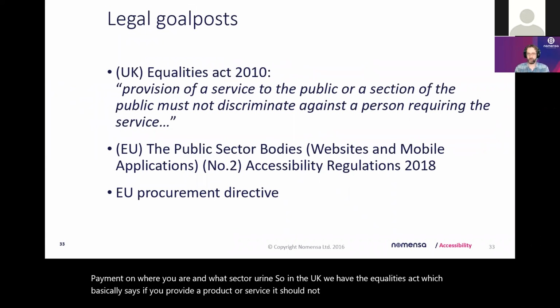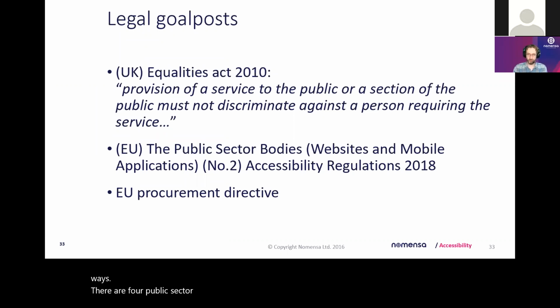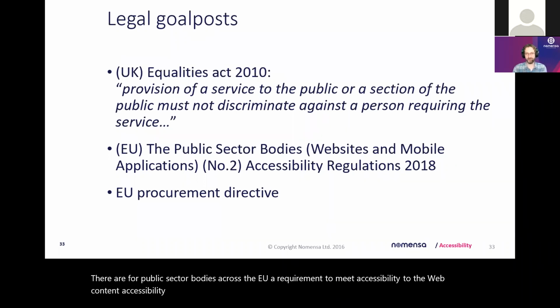Generally, that means the website should be accessible. It doesn't always. You might provide your product or service in other ways. For public sector bodies across the EU, there is a requirement to meet AA accessibility of the Web Content Accessibility Guidelines and publish an accessibility statement to that effect as well, which needs to outline if you haven't met it.